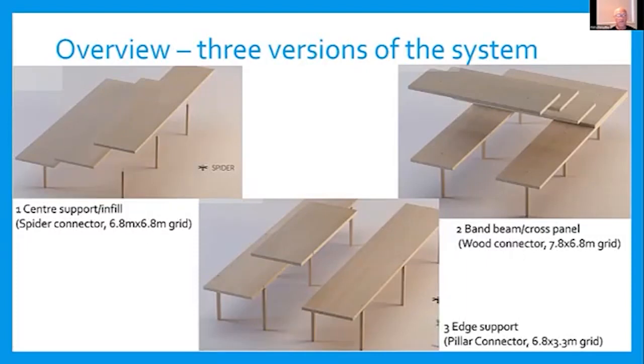Here are the 3 versions. Here's the centre support infill system. You can see that it's just got a minimal number of columns down the centre line of the support, the main panels. We have to place these, and then we can drop in an infill panel in the middle in between them. You can imagine that having a table like this supported by only 3 legs is far less stable than the rock common scenario we looked at, where there were 6 legs on every table on both edges.